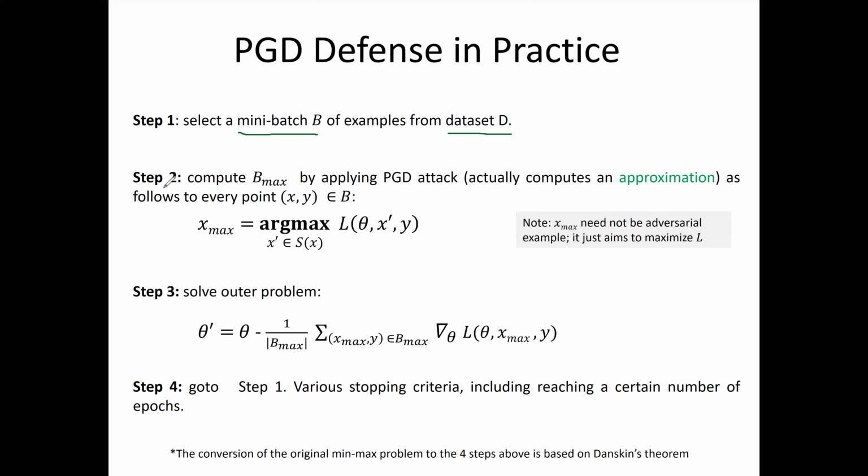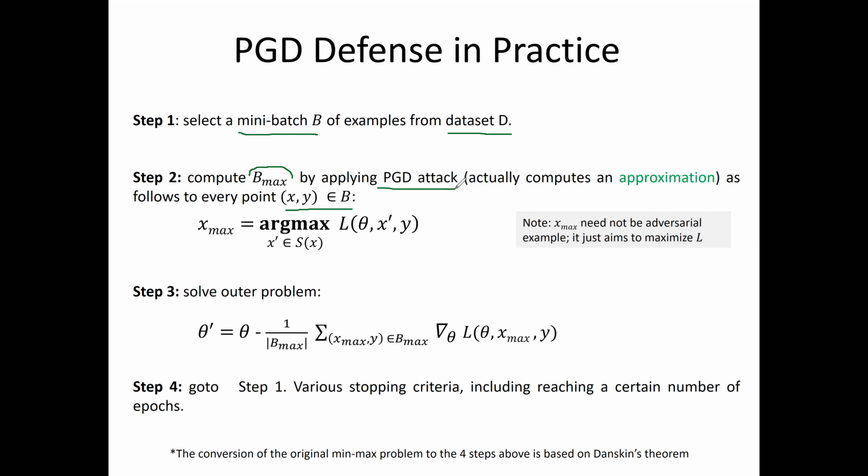Given the standard data set D, we then compute this set B max, which is computed from B. For every point in this mini batch, we apply the PGD attack. This is the attack that we looked at in the previous lecture, lecture 3.